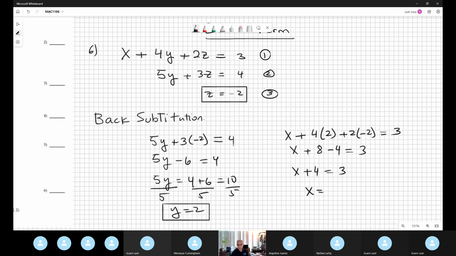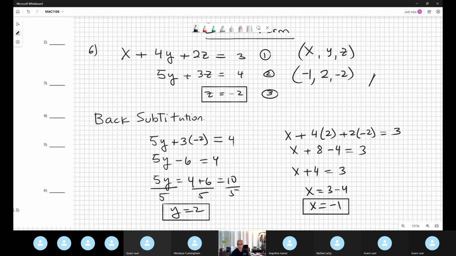So x is 3 minus 4, negative 1. The solution for this system, question number 6, is the ordered triple x, y, z, which numerically is negative 1, positive 2, and negative 2.